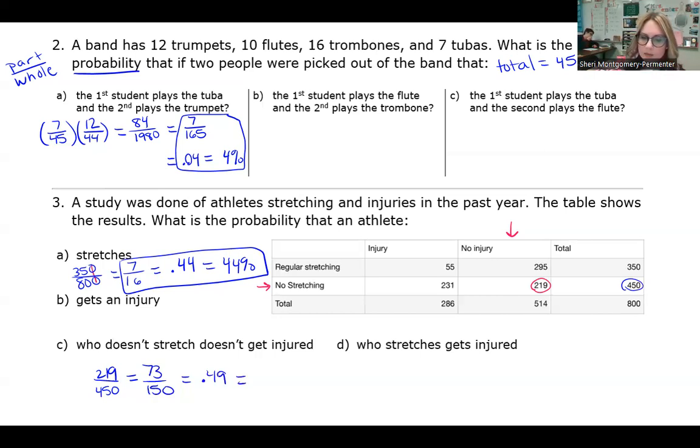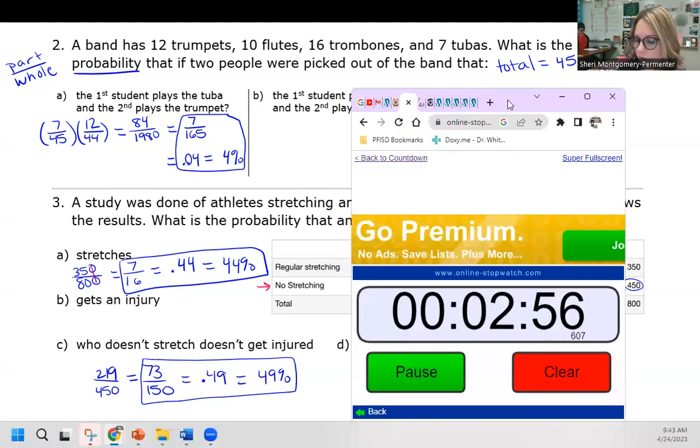And then we would say that that is 49%. Beautiful. I'm giving you 3 minutes to see if you can do the other two from this section.